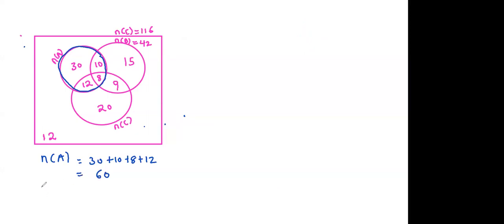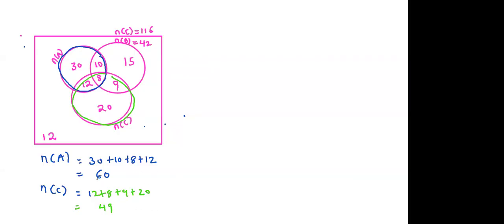Then for C, we are going to add up everything we have here: 12 plus 8 plus 9 plus 20, which is equal to 49.